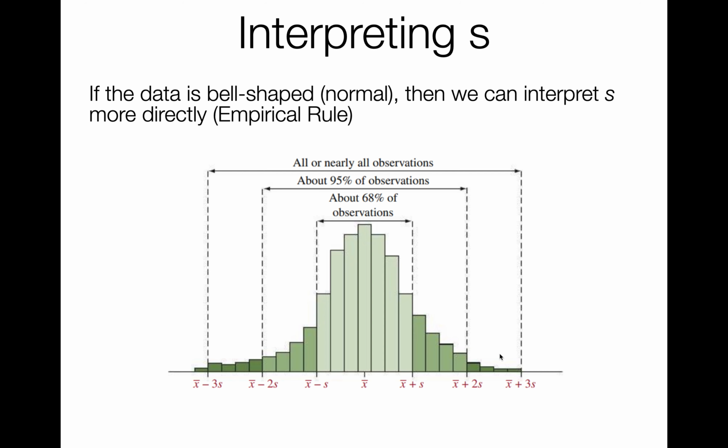What the empirical rule says is that if you follow my cursor, the center of the data right here is the mean, x bar, as we talked about last time. When I add the standard deviation, x bar plus s, and subtract the standard deviation from the mean, then in between those two endpoints, about 68% of the observations will fall.